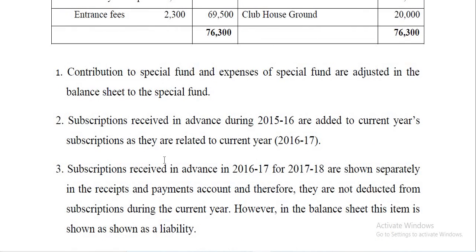I have given some notes. I have explained these things in detail, but still let us have a quick glance over these items. Contribution to special fund and expenses of special fund are adjusted in the balance sheet to the special fund.